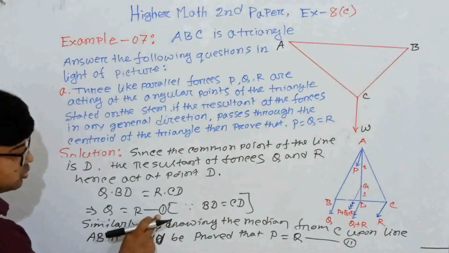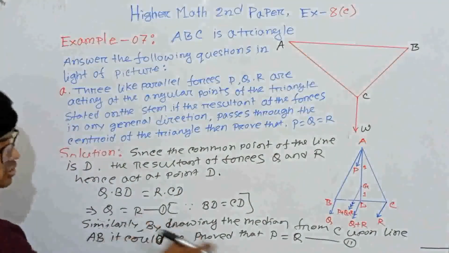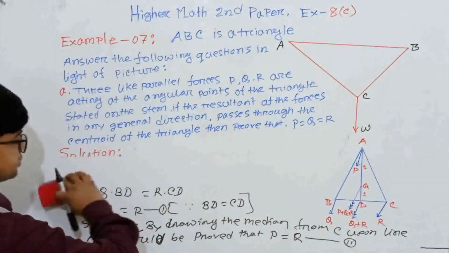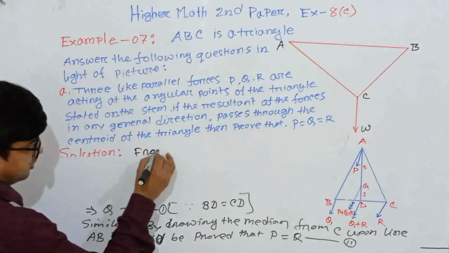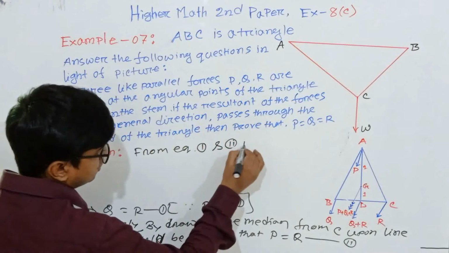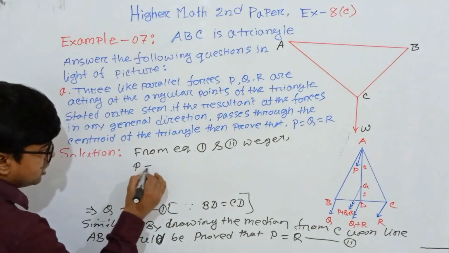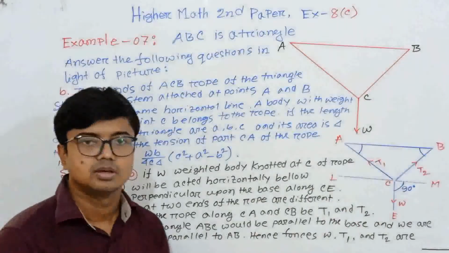Now from equations 1 and 2, we get P equals Q equals R.